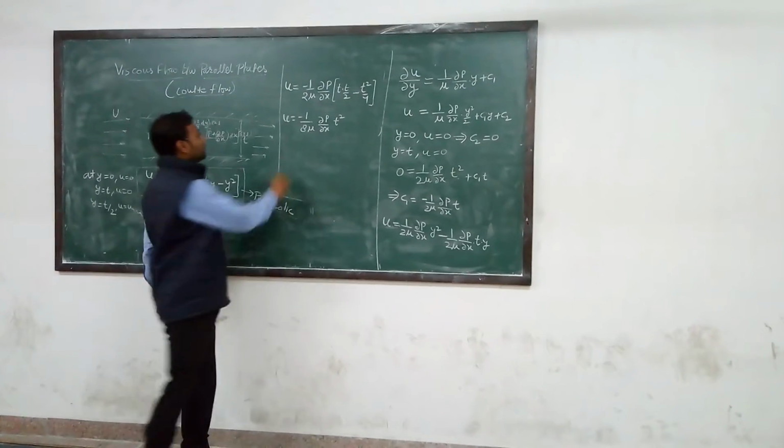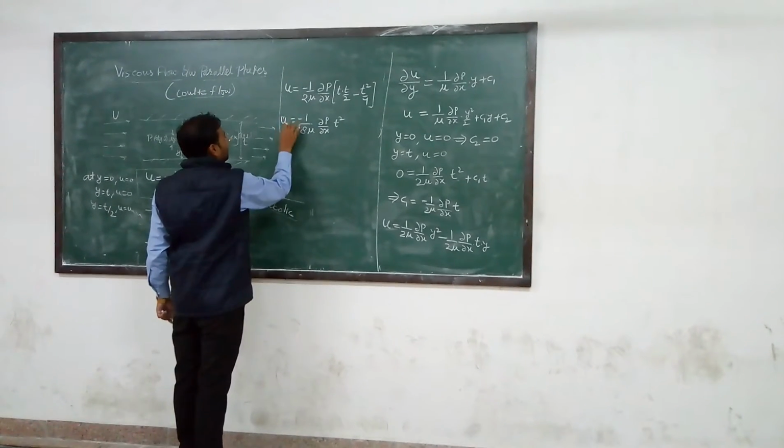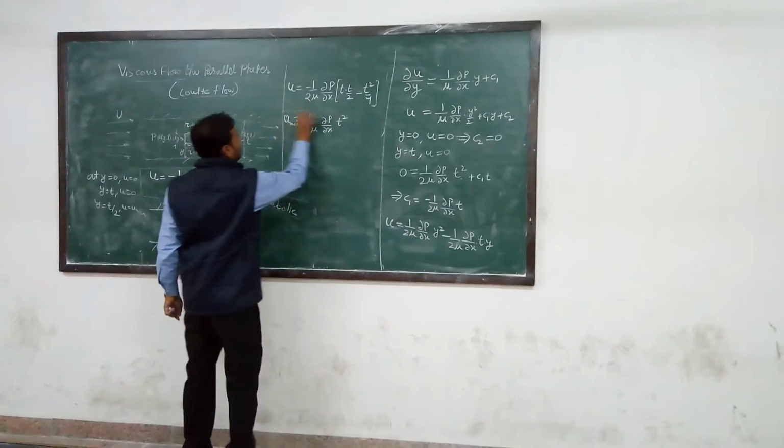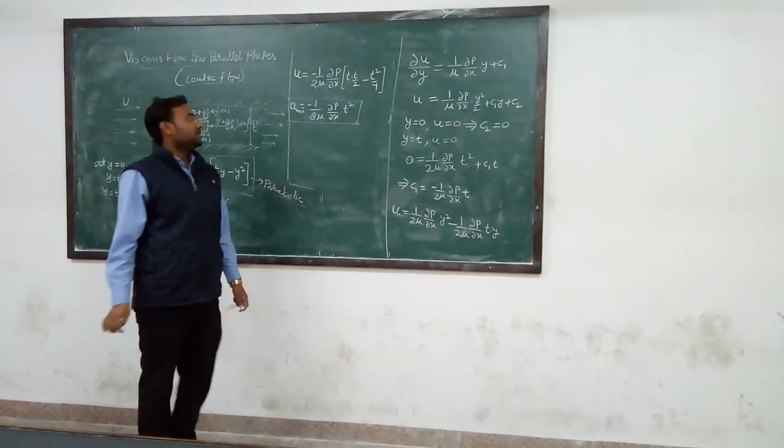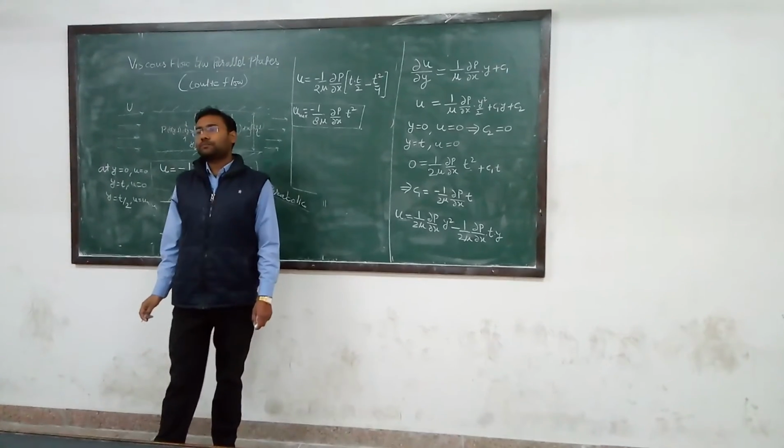This is the value of u max. The maximum velocity will be -1/(8μ) ∂p/∂x t².